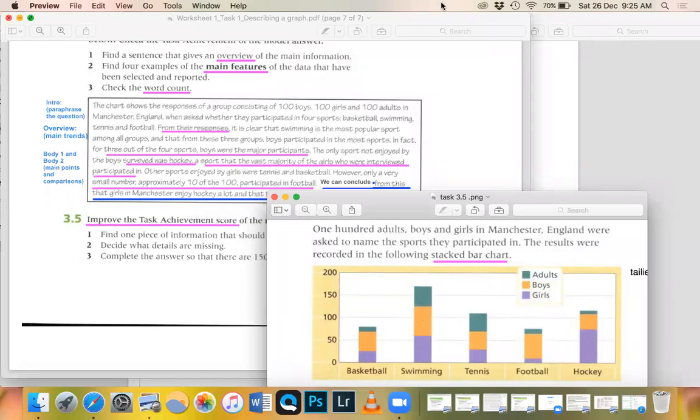Okay, a few people have got it. Can anyone else see what information is missing? What should we include?